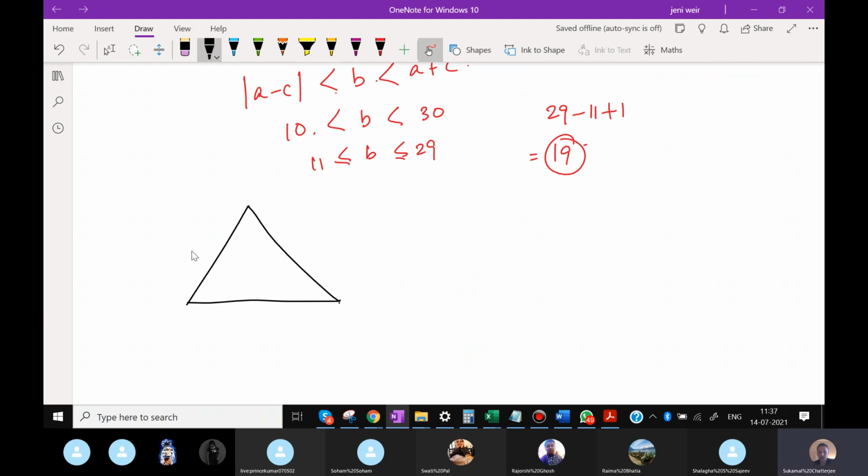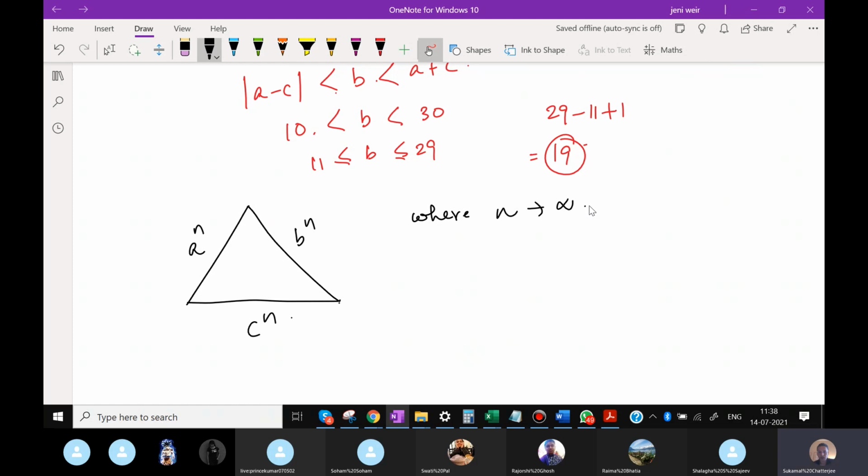Once again, I have a triangle where the sides are a to the power n, b to the power n, and c to the power n, where n tends to infinity. What kind of a triangle will this be?